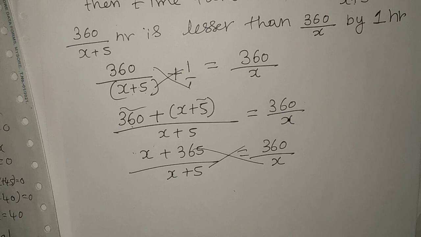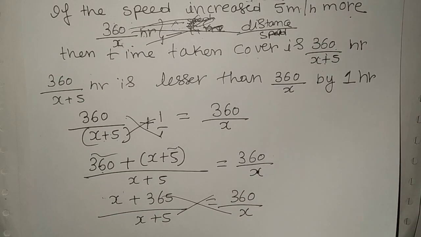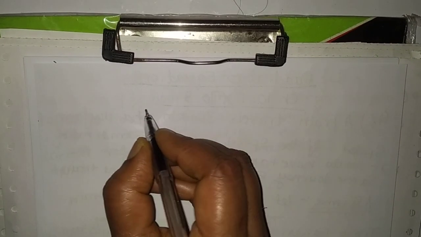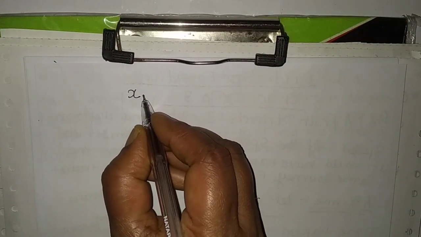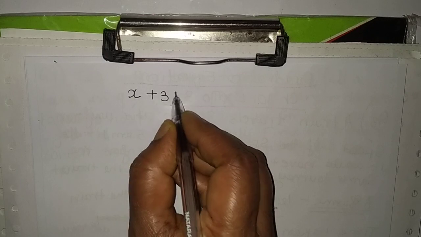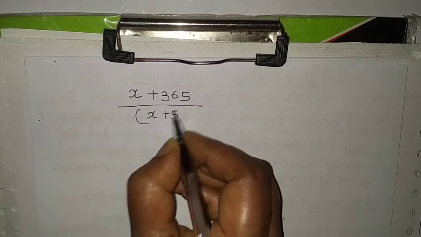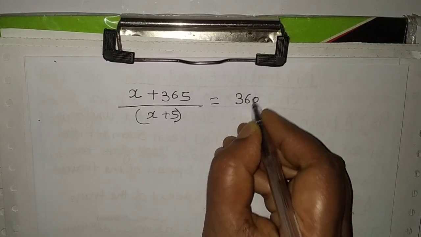So we will continue this. Next, I'll write these things once again. x plus 365 by x plus 5 is equal to 360 by x.